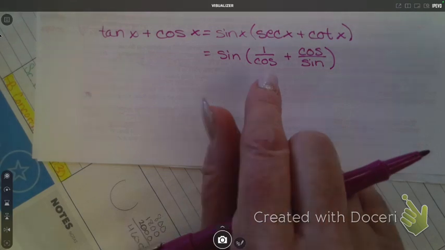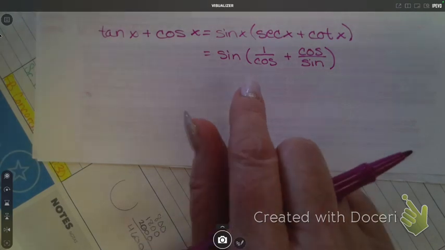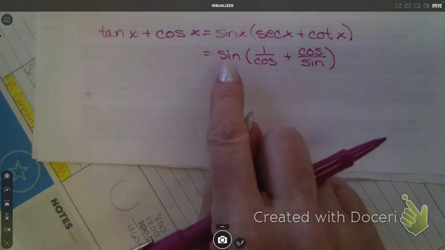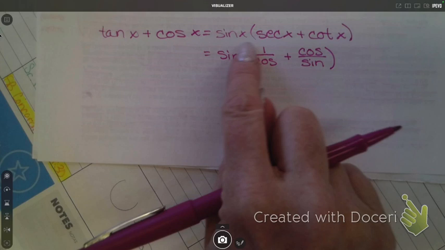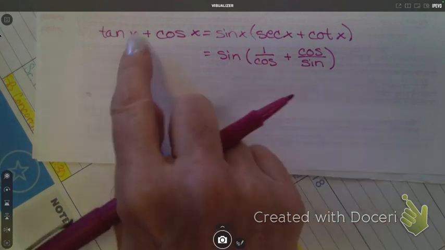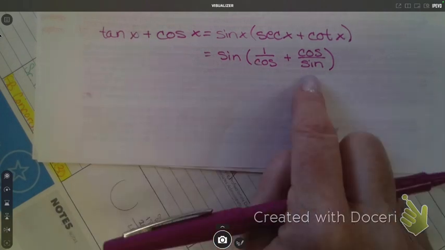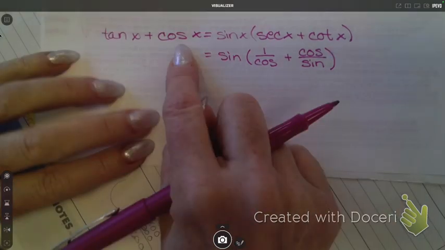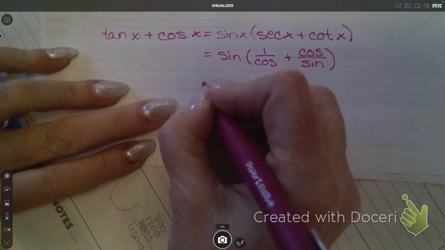Yeah. Because you're going to start looking ahead. Because when I do this, I'm going to get sine over cosine, which is what? Tangent. And over here, the sines are going to reduce out, aren't they? Yeah. And we're going to have what? Cosine. So we can't leave out a step. So we got sine over cosine plus cosine.